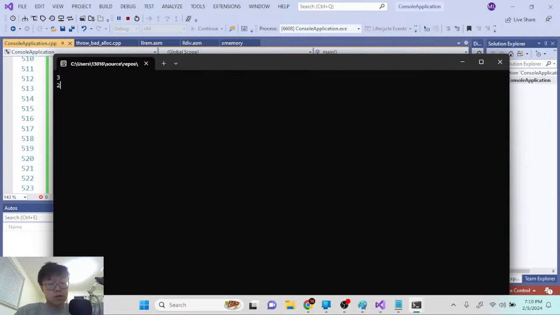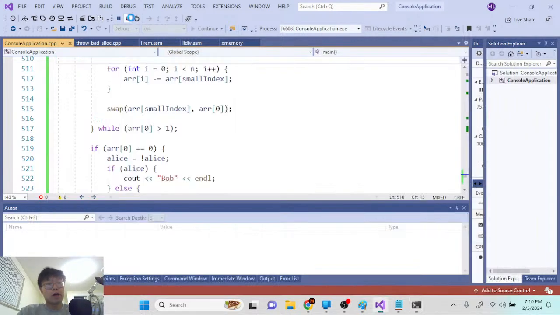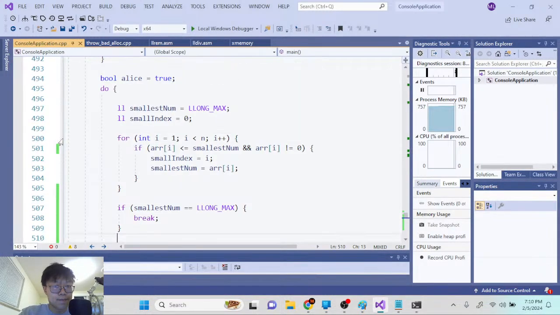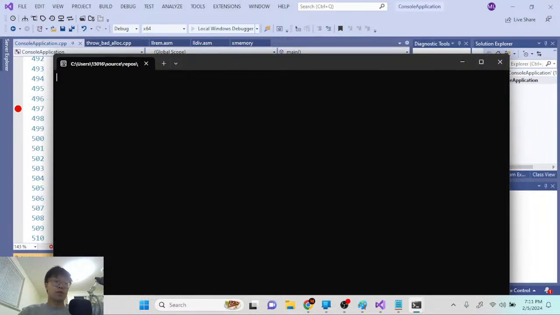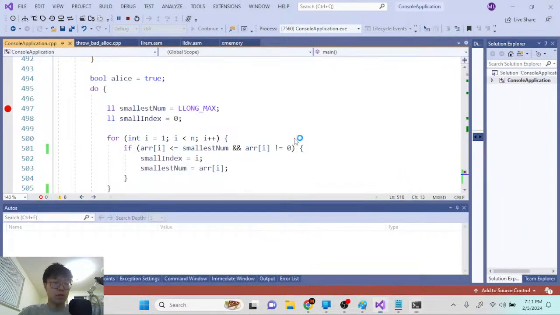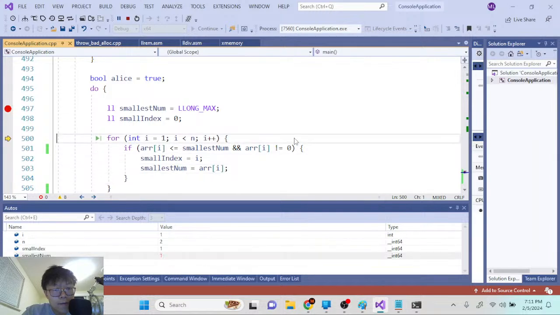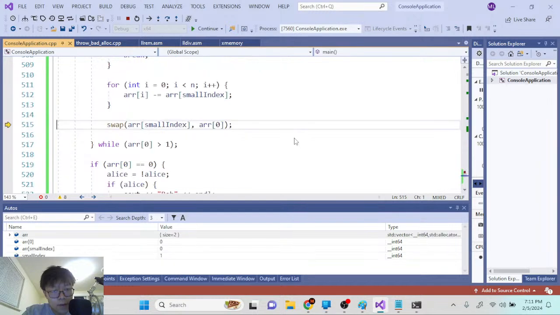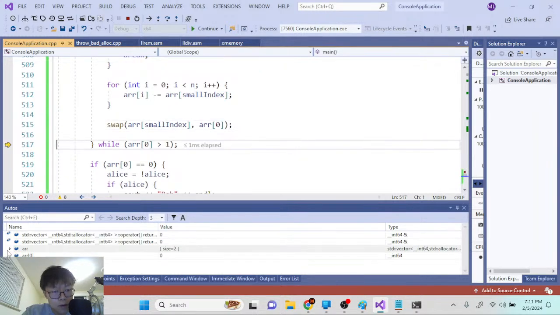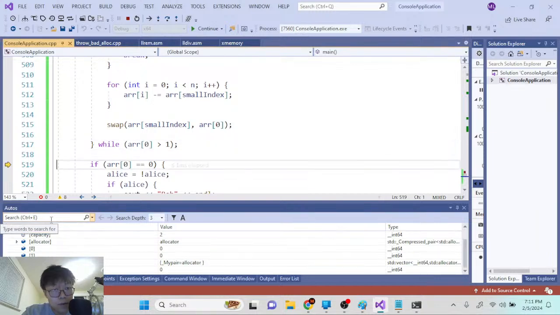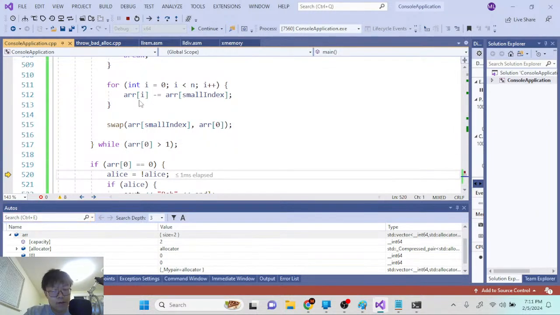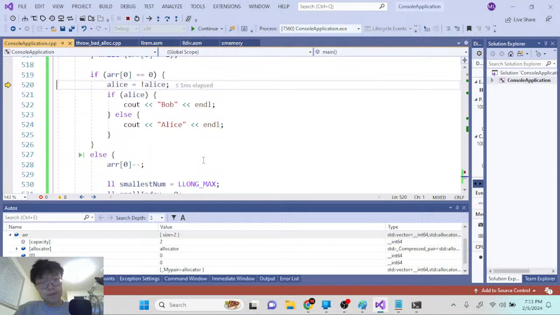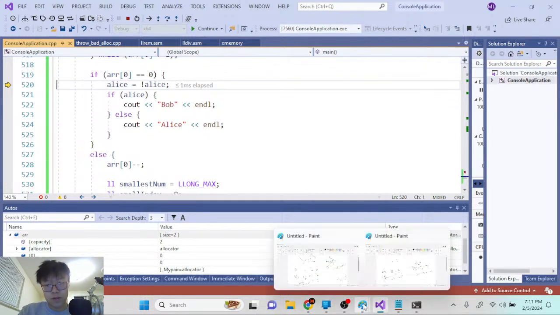Three. Okay, so let's do 2, 1, 1. Why does it give Alice? Three, 2, 1, 1. So you get 0, 0. If it's 0, let's see.